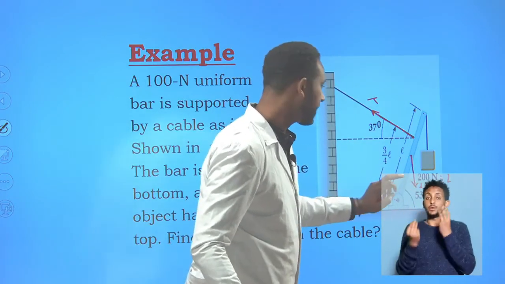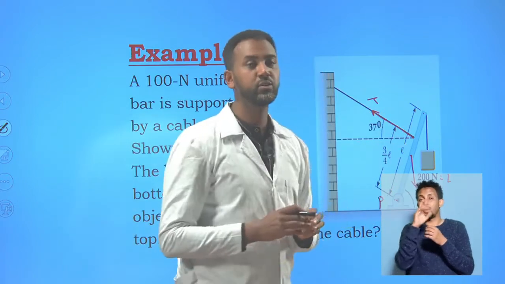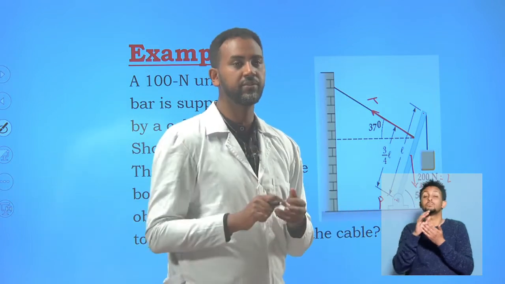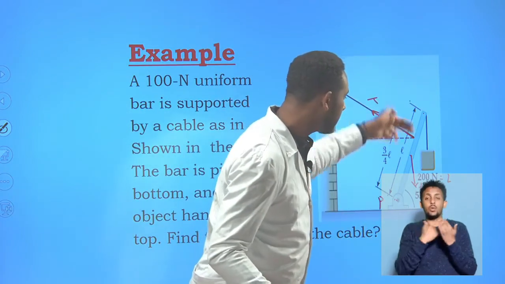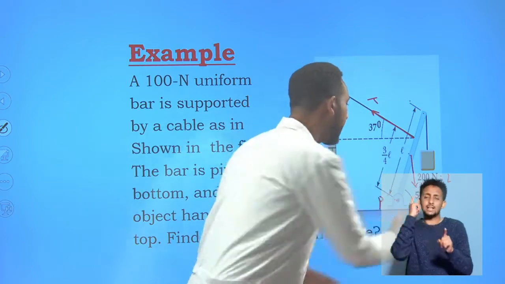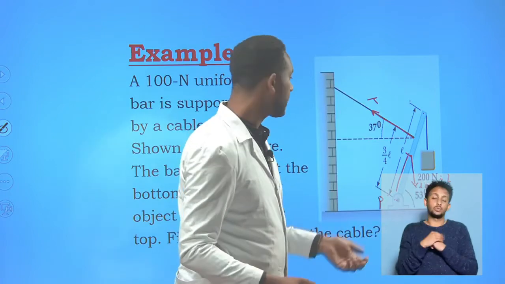The weight of the bar is 100 Newton, and for a uniform object it is found exactly at the geometrical center, meaning at L over 2 from the pivot.